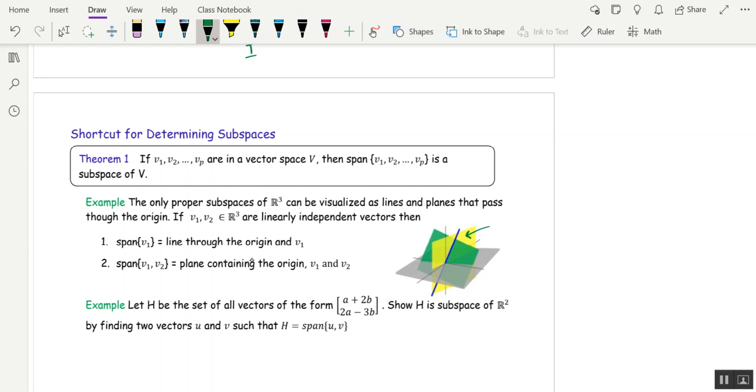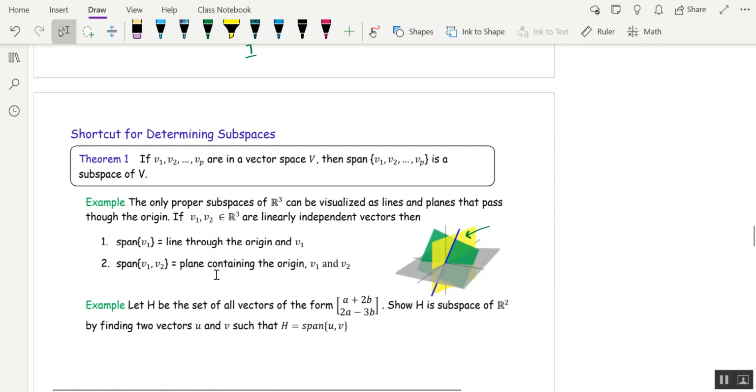Any line through the origin in R3 forms a subspace. Any plane through the origin forms a subspace. Planes are the span of two vectors, and those two vectors have to be linearly independent. So if you take two vectors, one is not a multiple of the other, and you take their span, you're going to get a plane through the origin. So that's a nice way to visualize subspaces.